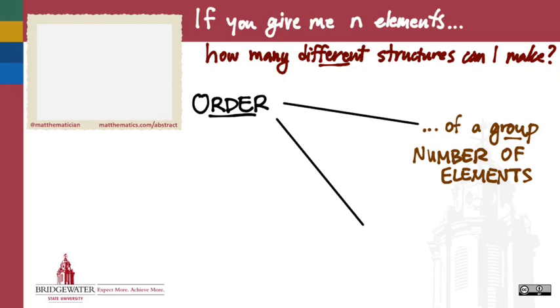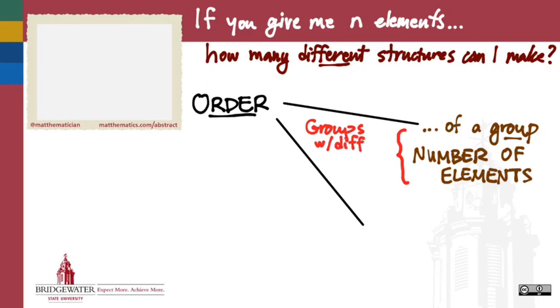So let me ask you this question. How might we be able to use that idea to tell when 2 groups are different? How can the order of a group tell us whether 2 groups are different? Do you think? Yeah, Kenzie? Yes, exactly. Groups with different order have got to be different groups.